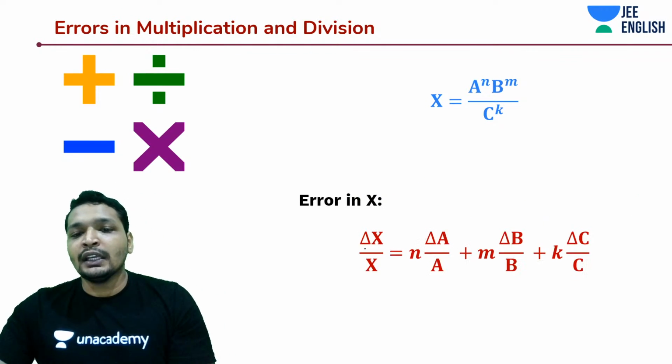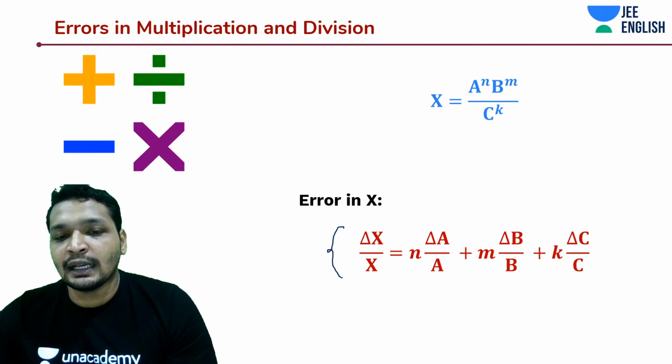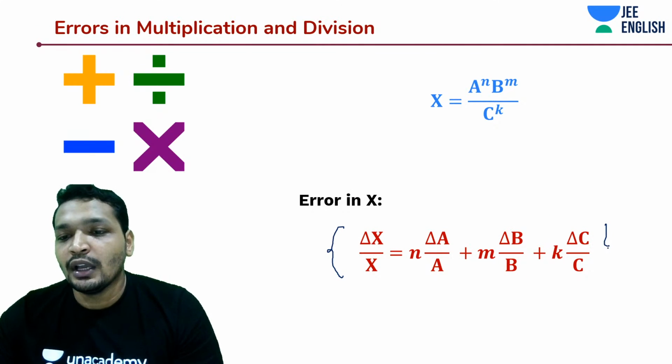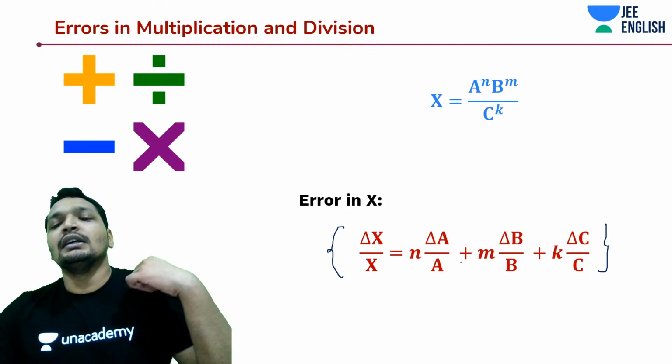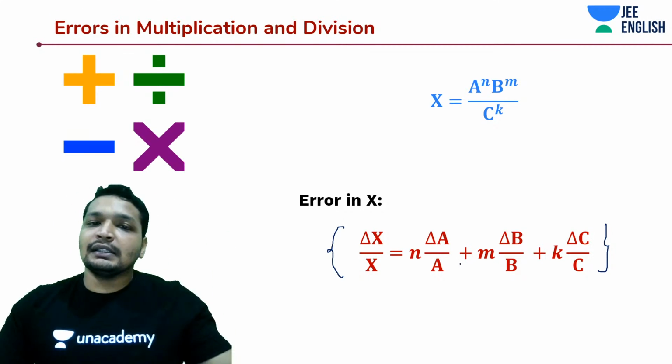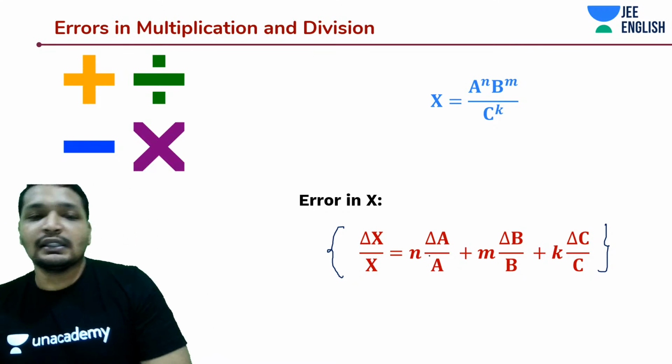So for any given equation, you can remember that delta x by x is equal to n into delta a by a plus m into delta b by b plus k into delta c by c. Really simple, guys.